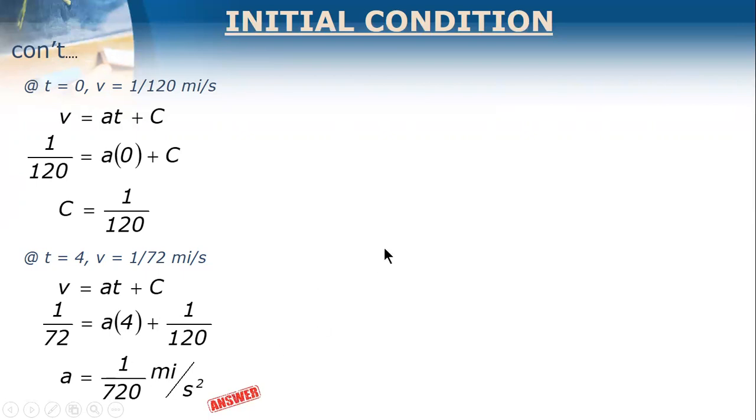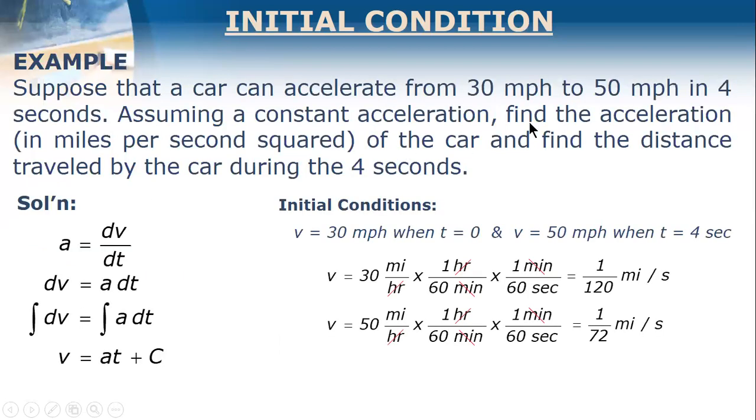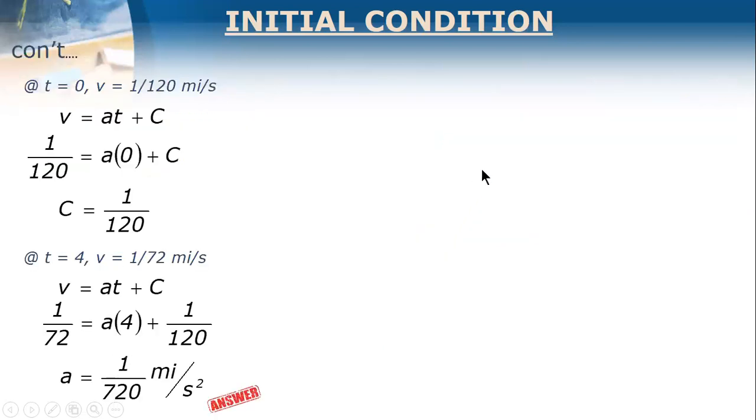The second unknown quantity is the distance traveled. Find the acceleration, already solved. And the other one is find the distance traveled during the 4 seconds. So for the distance traveled after 4 seconds, we have to find the expression of distance.